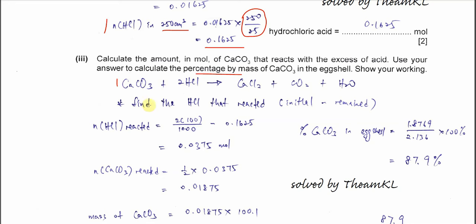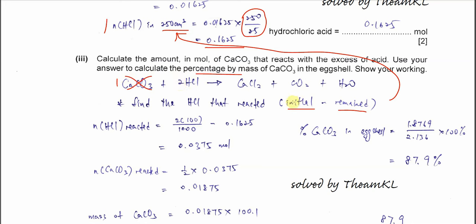Now, the thing you need to do is find the HCl that reacted. You need to calculate this using the initial moles minus the remaining moles. The ones that remain are in the 250 cm³ here. Because the acid is in excess, the calcium carbonate finishes reacting with the acid, and there is still some acid inside the solution.